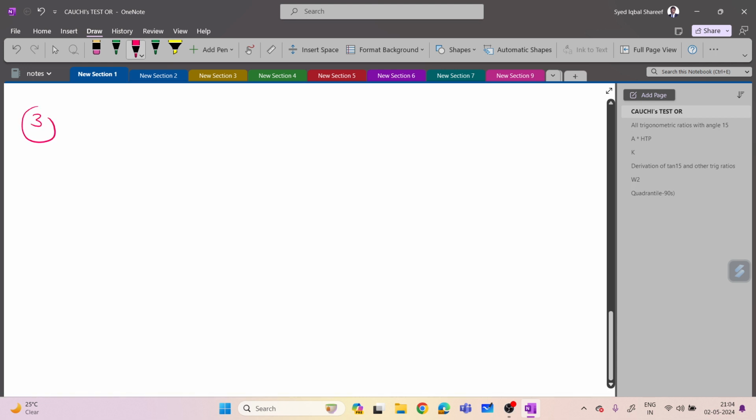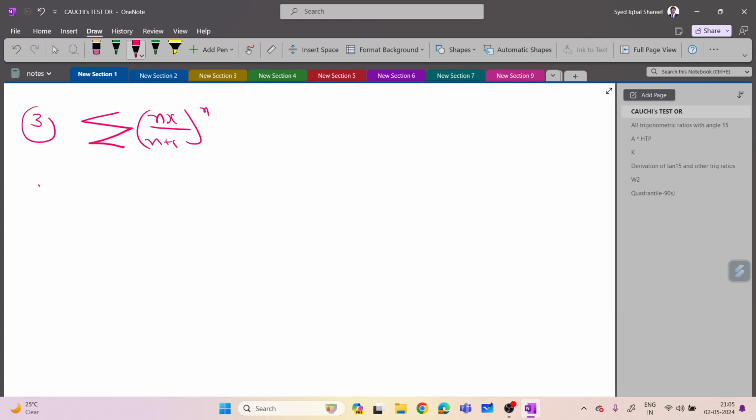One more example. Suppose n x by n plus 1 whole to the power of n.